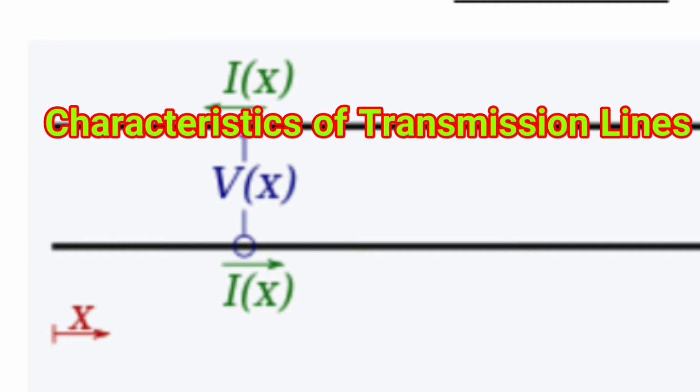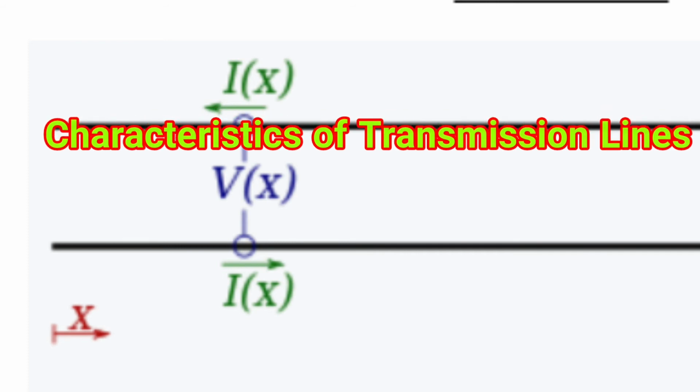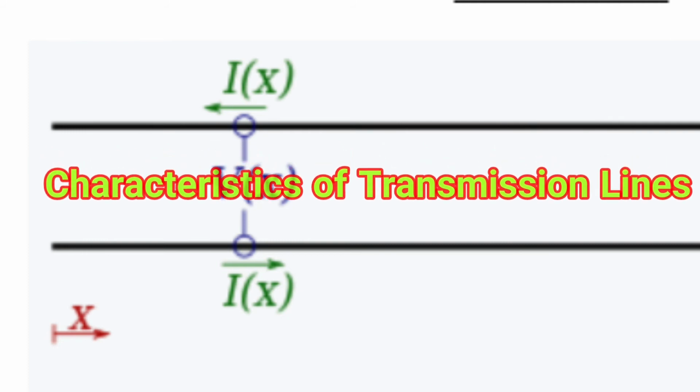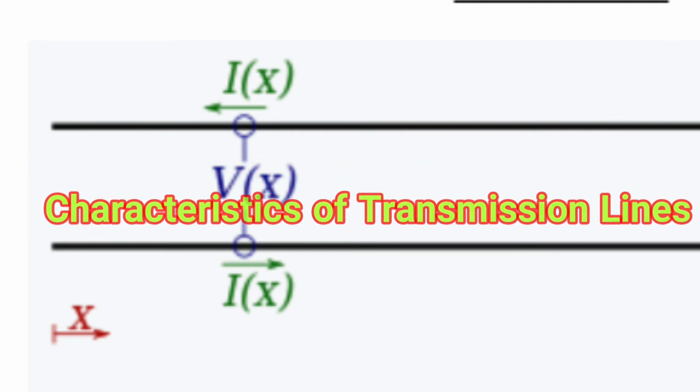converts it to heat. The transmission line is modeled with a resistance and inductance in series with a capacitance and conductance in parallel. The resistance and conductance contribute to the loss in a transmission line.